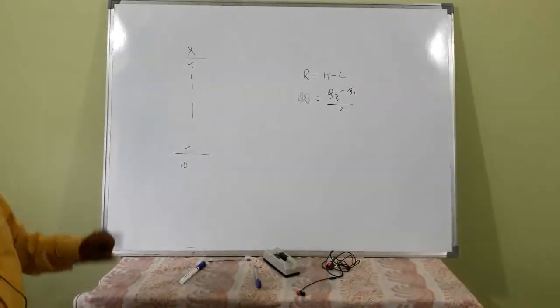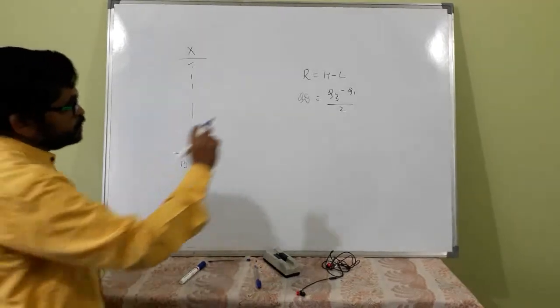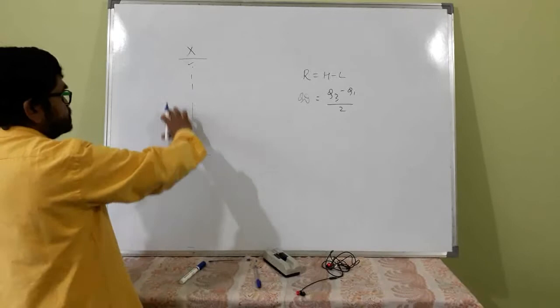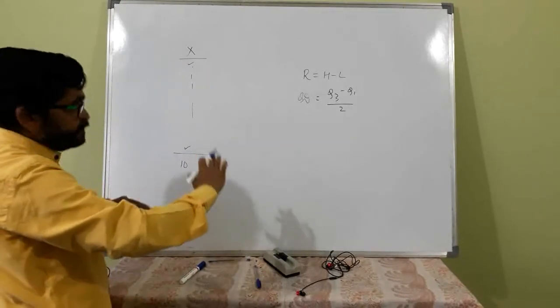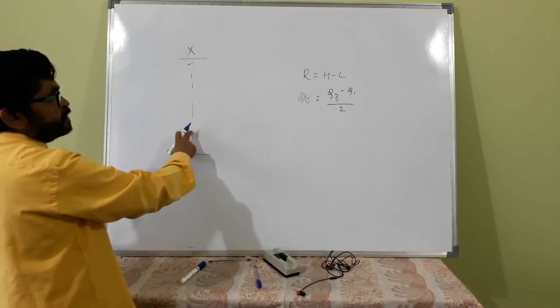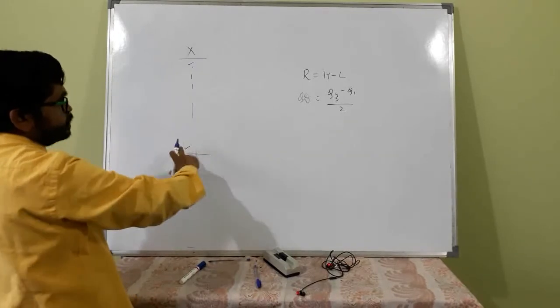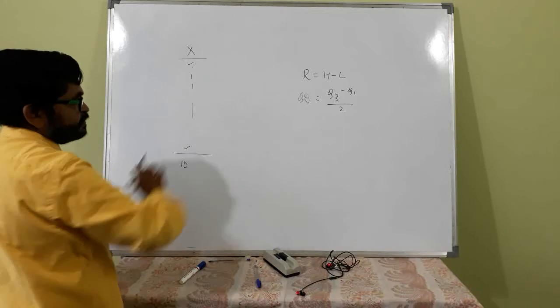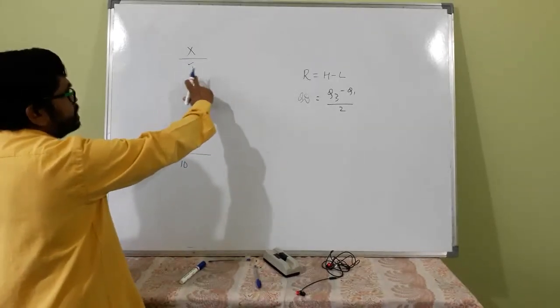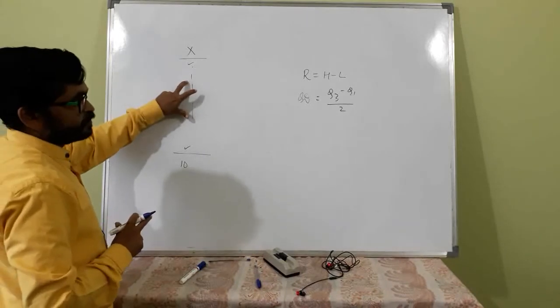The formula for quartile deviation is Q3 minus Q1 divided by 2. Q3 means if the entire distribution is divided into 4 parts, the value situated at the 3/4 point. That means if it is divided into percentiles, the 75th value. Q1 means first quartile, that means the 25th value.